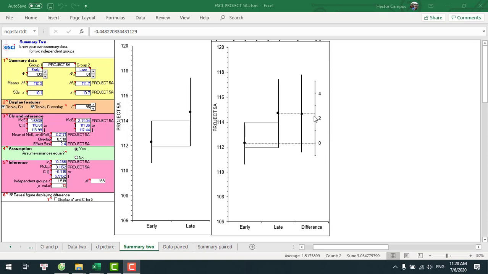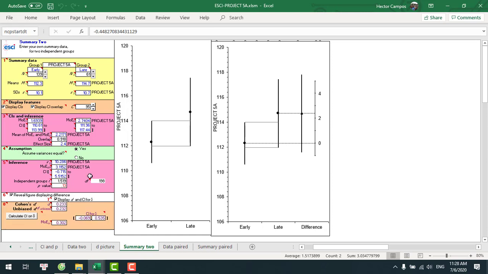That difference is measured in the same units that we have the confidence intervals in these two cases. However, we might want to express this difference in terms of standard deviations. We do that with what we call Cohen's d.